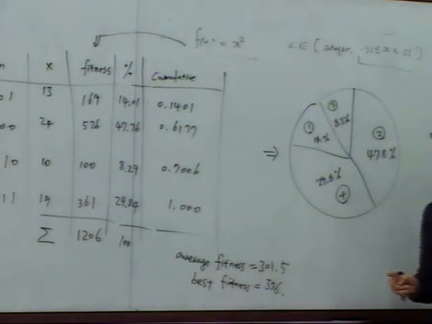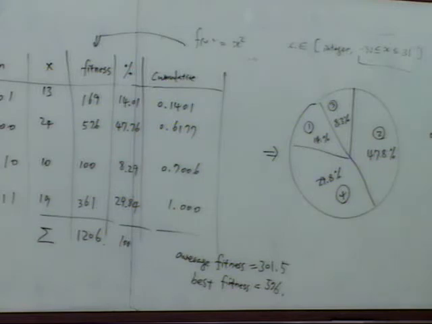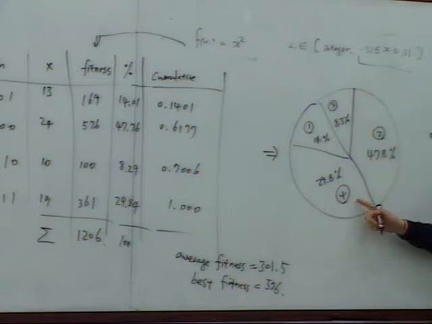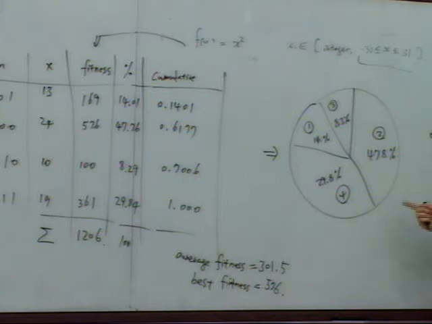But that's not usually true in the real world. The best one does not automatically survive. The best one has a higher probability of survival. The best one, number 2, has the higher section. The second best one has the next higher probability. So that's why we are spinning this roulette for the survival test, right?